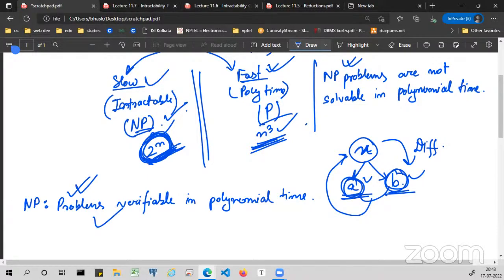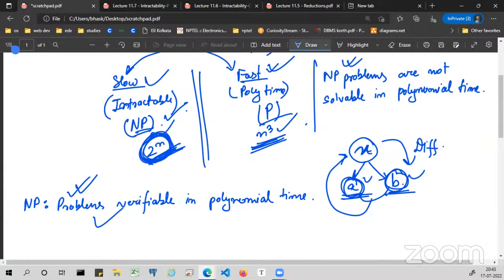Sorry, I said prime, so it should be co-prime actually, not prime. A and B should be co-prime, meaning both of them should not have common factors. So basically that's the idea.